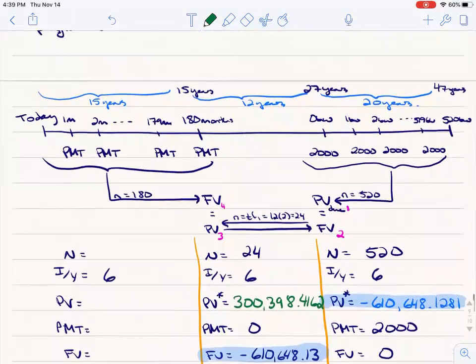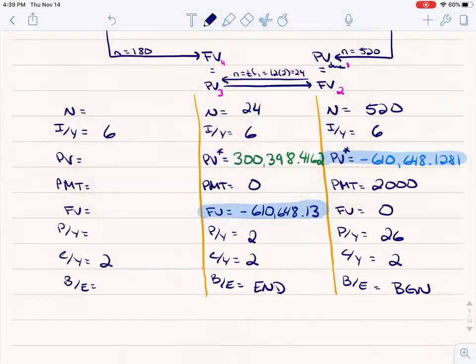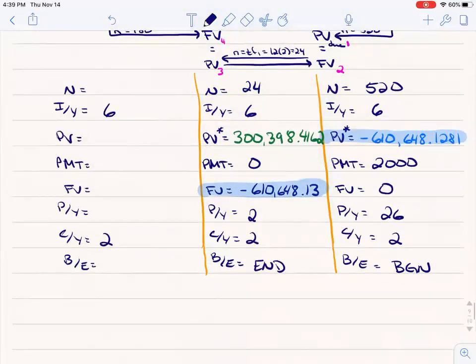Looking at our roadmap here, that's the future value of these unknown payment amounts, right? And so before I forget, I'm going to put that as my future value. So leaving room for a negative in case I need it.